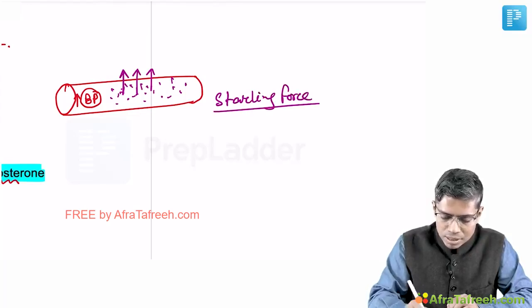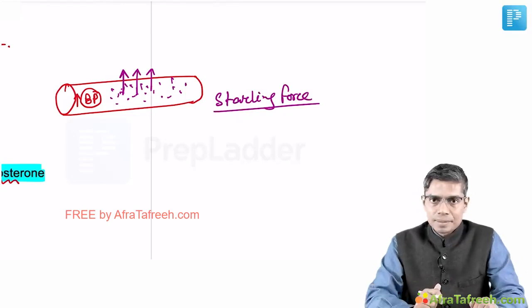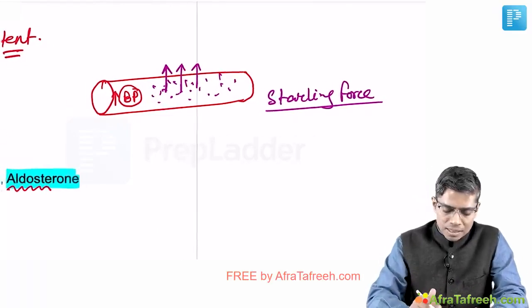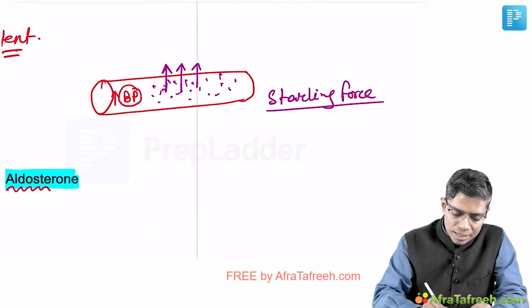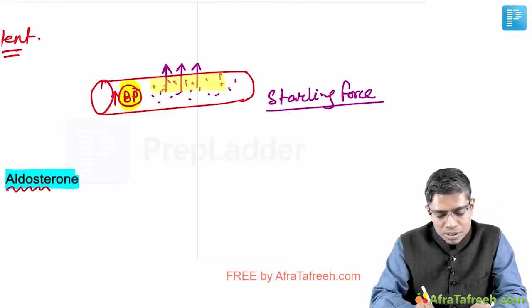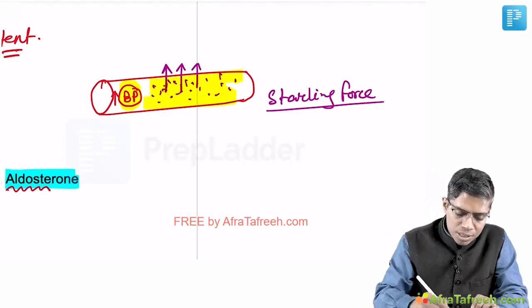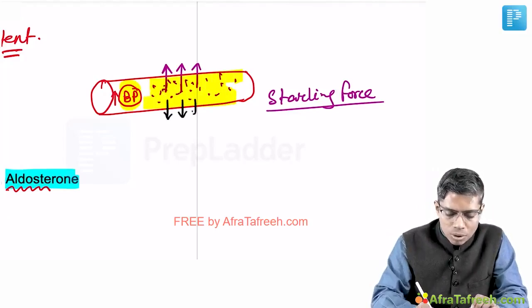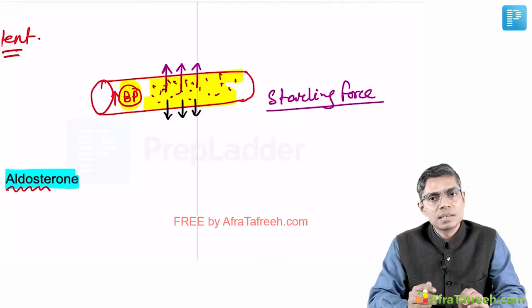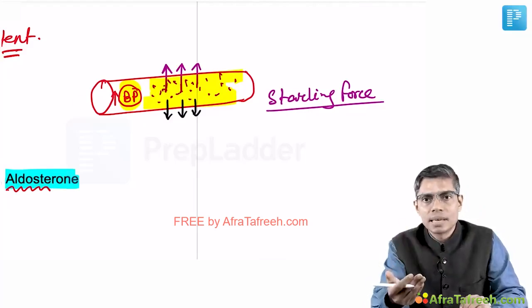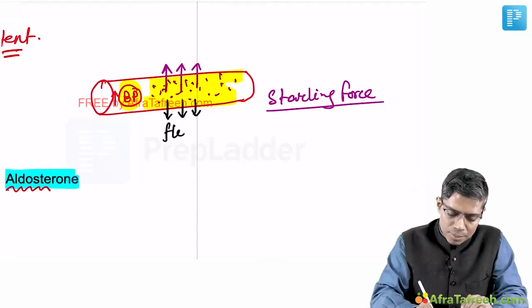We are going to learn the Starling force in the kidney chapter. But for the time being, remember that whenever the blood pressure is high, hydrostatic pressure within this capillary will also be higher. That will push some of the water out of this capillary. That means fluid is shifting out of this capillary. So what will happen to the pressure inside this vessel?